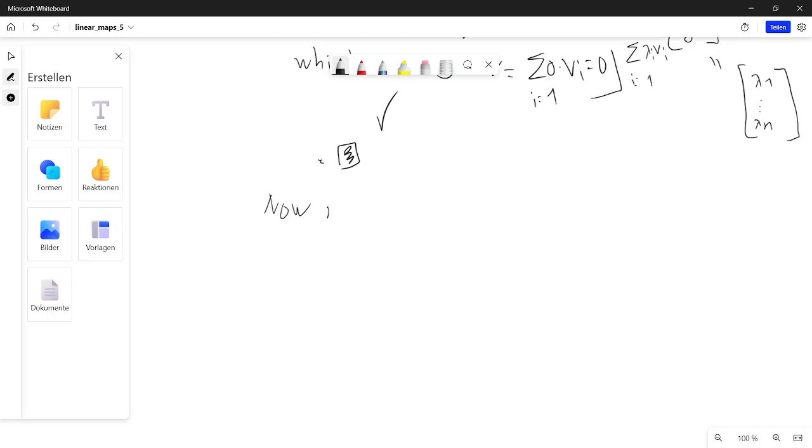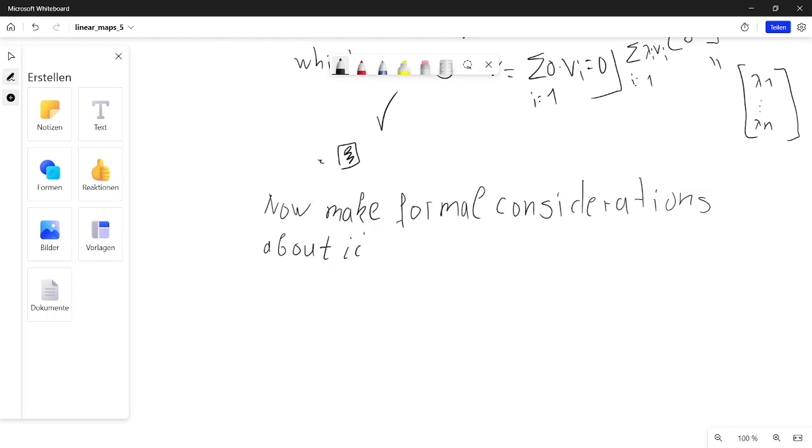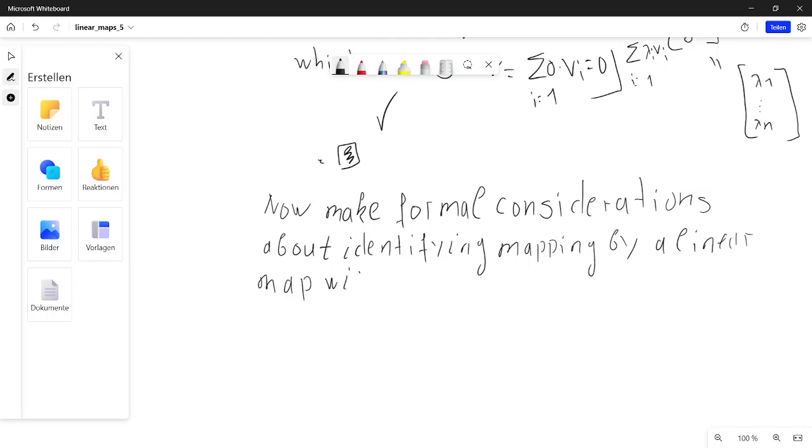Make formal considerations, but identifying the mapping by a linear map with the mapping with matrix multiplication.